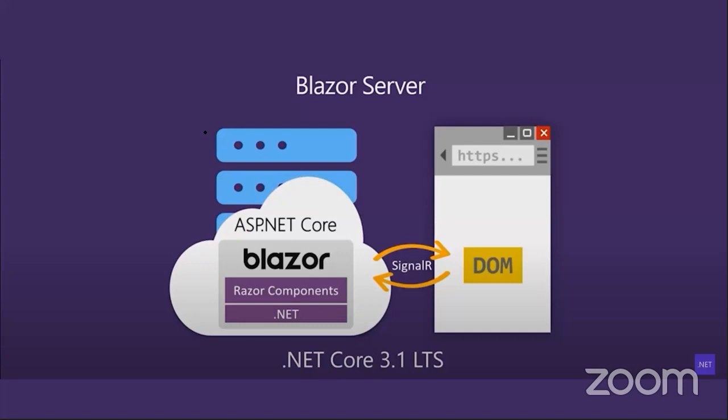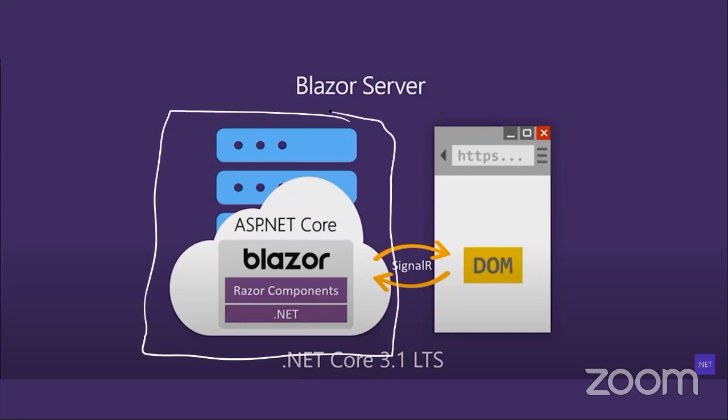That means we have a server, and they run the components on the server. The server usually comprises .NET, and that is .NET Core. That means now Blazor works with .NET Core. It is made as a part of .NET Core.